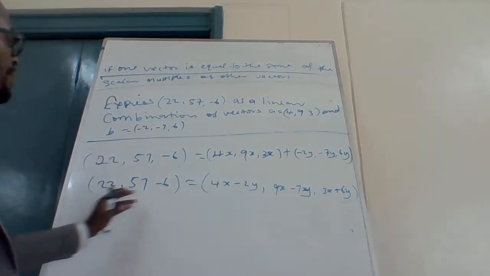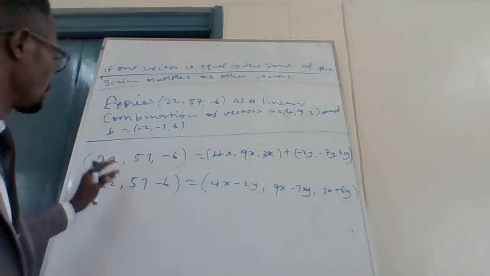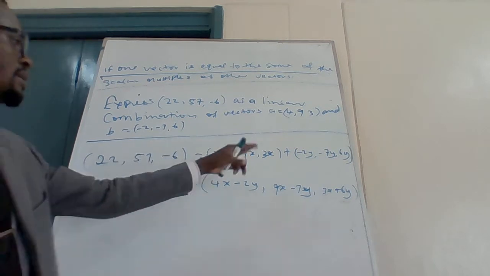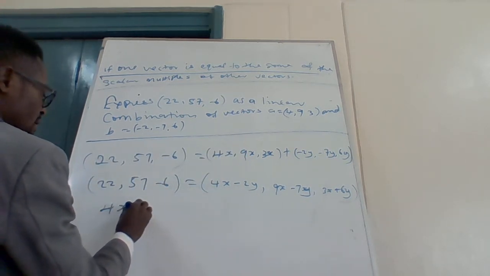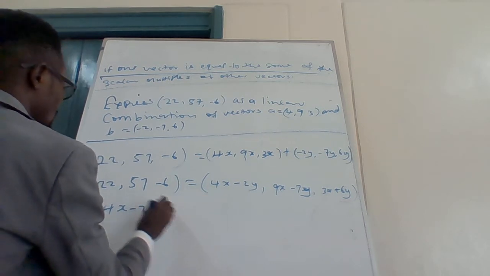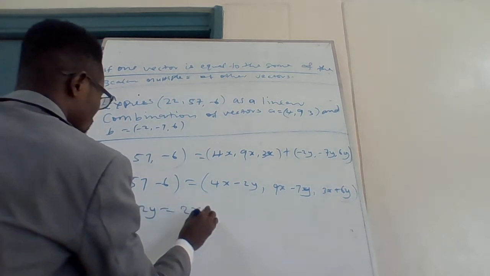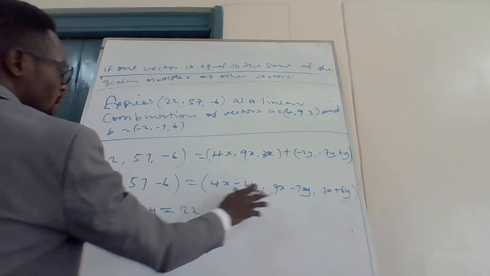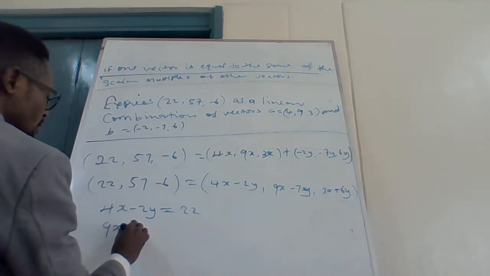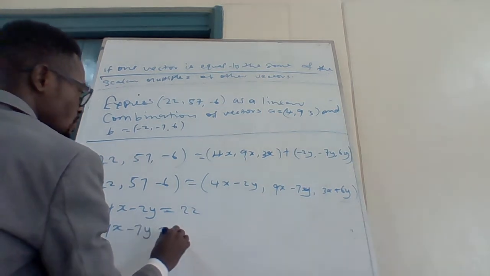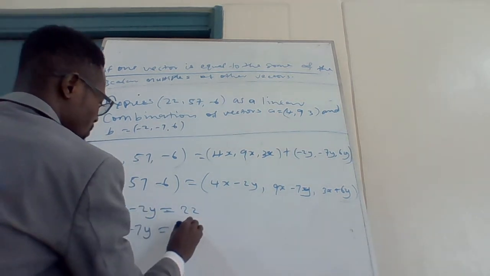So we need to compare both sides. This will give us 4x minus 2y equals 22, and the second one will be 9x minus 7y equals 57.